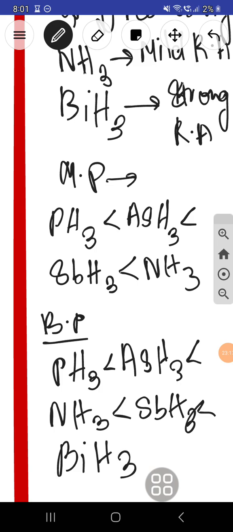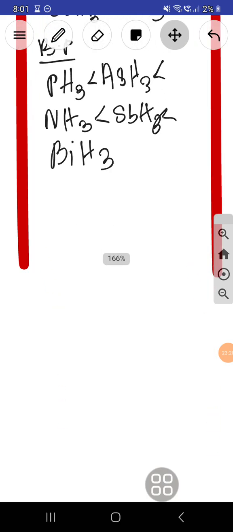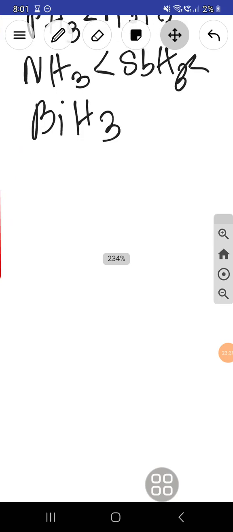The next thing we are going to learn about is its reactivity with oxygen.